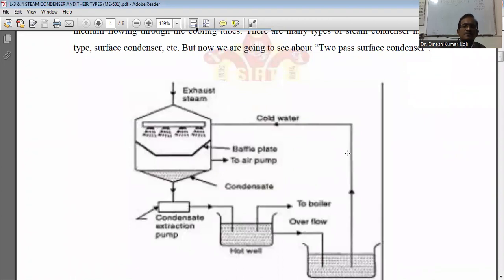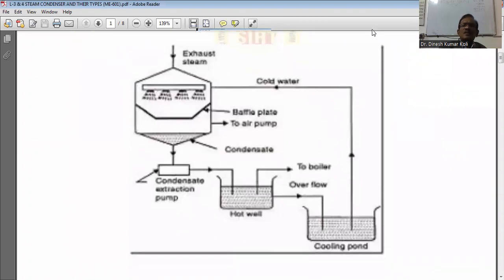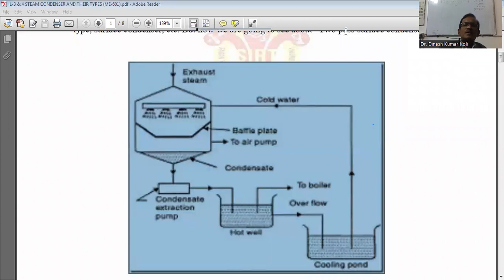Now you can see the figure of one condenser. At the top side, you can see the steam is coming from this side, because this is the exhausted steam.